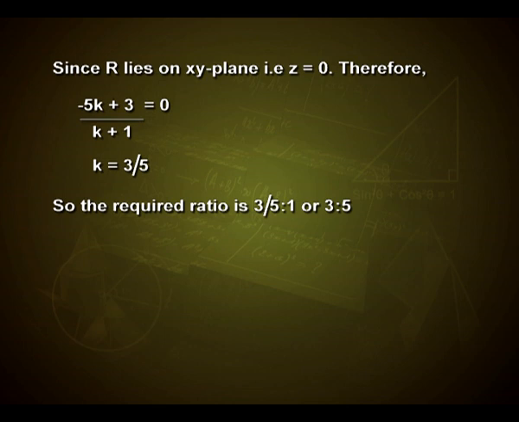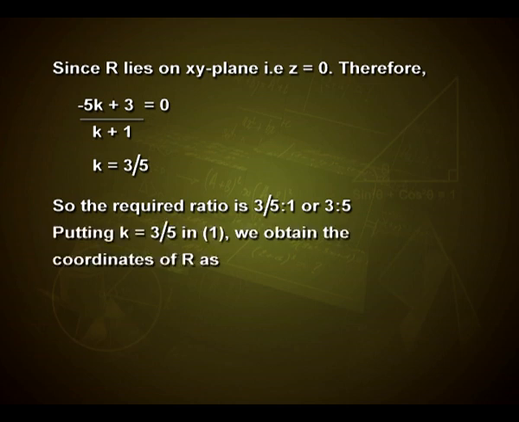So, the required ratio is 3 upon 5 is to 1 or 3 is to 5. Putting k is equal to 3 upon 5 in 1, we obtain the coordinates of R as (-1 upon 2, 11 upon 4, 0).